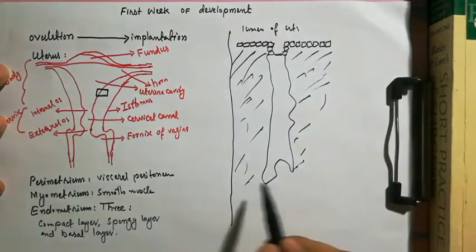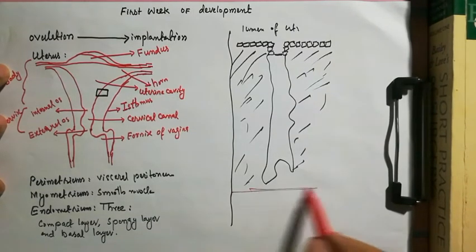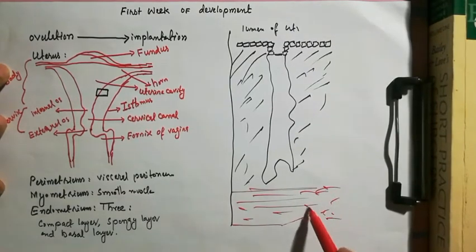Up to this is endometrium, and this is myometrium, which is composed of smooth muscle.